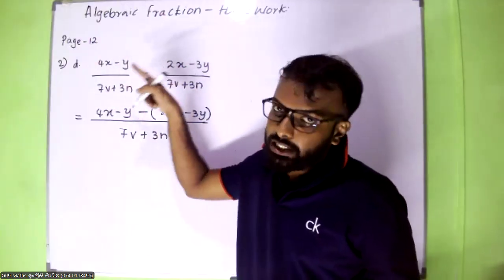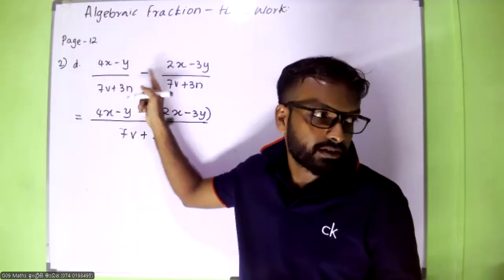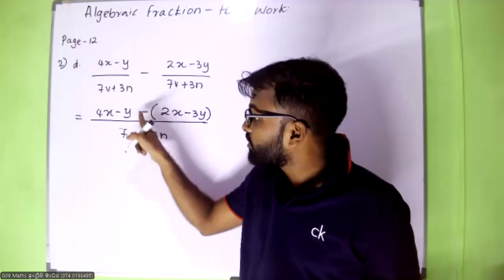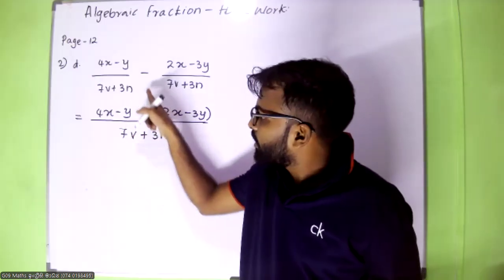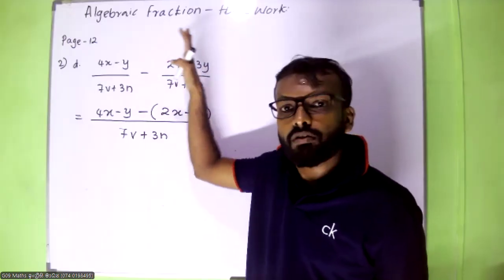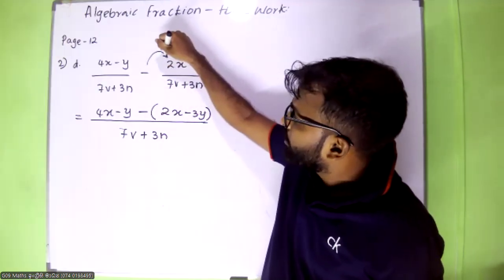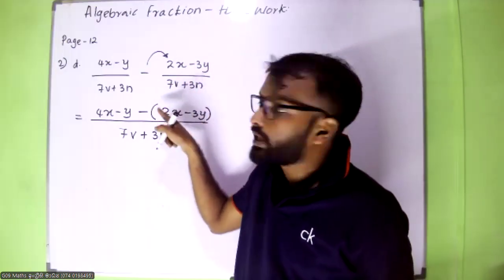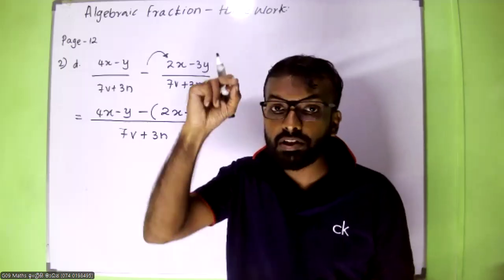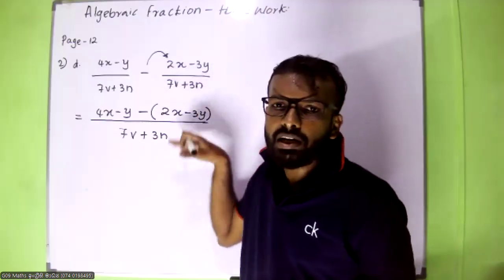In between two fractions, if you have a minus sign, the numerator of the fraction on the right hand side should be written inside parenthesis. Keep that in your mind. The important point: minus sign. Then I have to write this numerator inside the parenthesis.